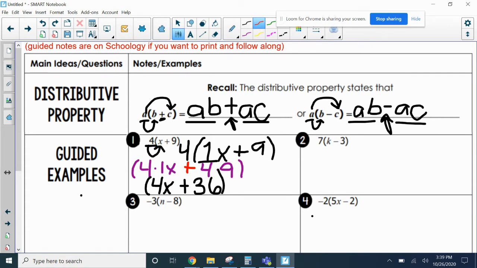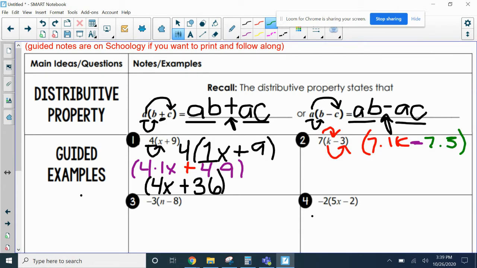So let's go ahead and look at the second one. So again, I have 7 times the parentheses k minus 3. So again, we're going to multiply that 7 by our first term and by our second term. So I have 7 times, and again, when there's no number shown, 7 times 1k. This time we have a minus, and then 7 times that second term, 7 times 3.